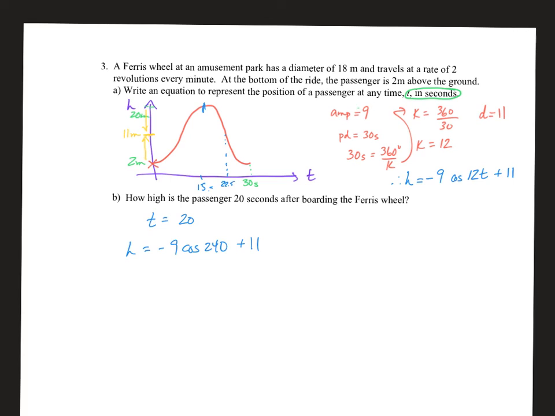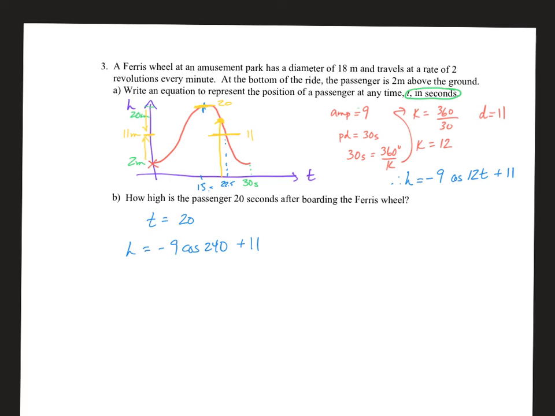So 22.5 seconds. So if this graph was talking about finding a point at 20 seconds, then I'm looking for somewhere in there, which puts my height somewhere between the middle of 11 and somewhere below the max of 20. Because it's only 2.5 seconds, I'm probably looking for something just a little bit greater than 11.